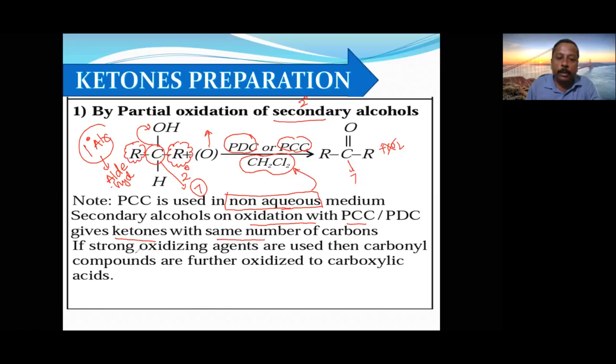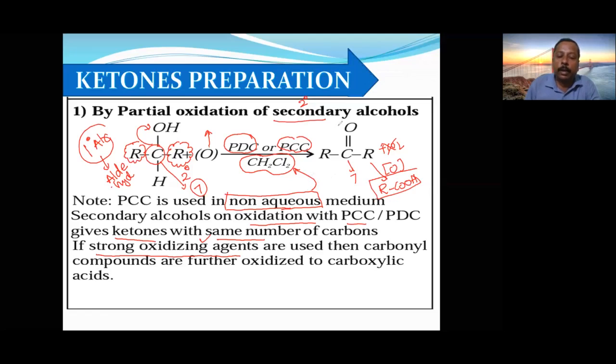But the problem is that if strong oxidizing agents are used, the ketone will be further oxidized. It will not stop after the ketone; it will further oxidize and give you the carboxylic acid. So never use a strong oxidizing agent, because instead of a ketone it will further oxidize to carboxylic acid.